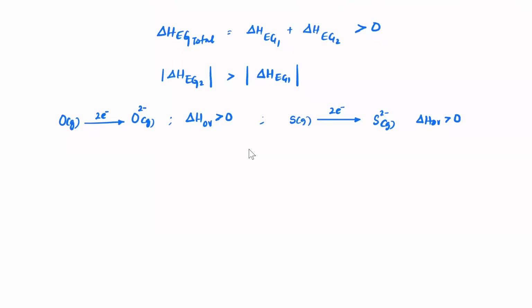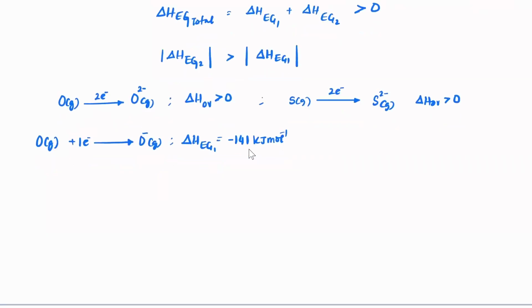To be precise, if I take this example of oxygen, adding one electron to oxygen to become O minus gas, the delta H of electron gain enthalpy 1, if you have checked the value, is minus 141 kilojoules per mole. You don't have to mug this up, I'm just giving it for reference.